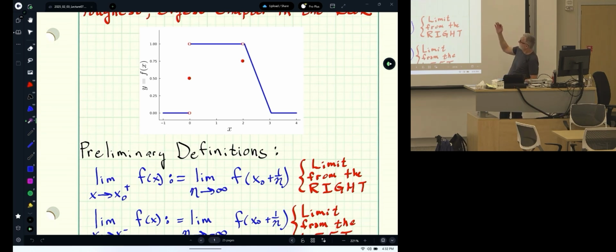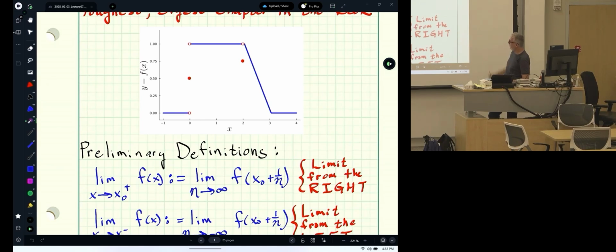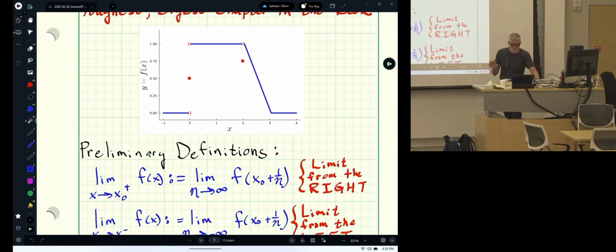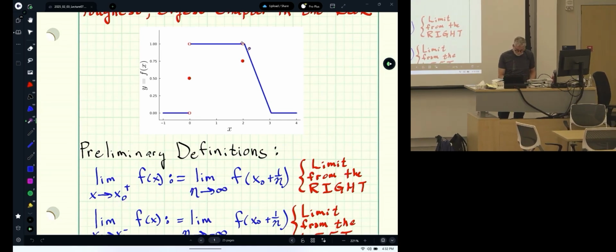Now, if we take the limit as eta goes to infinity of f of x0 plus 1 over eta, we never make it exactly to x0. So we don't have to worry about the fact that the function has a jump here. We never evaluate the function at the point x0. So that's the limit from the right side of the point.